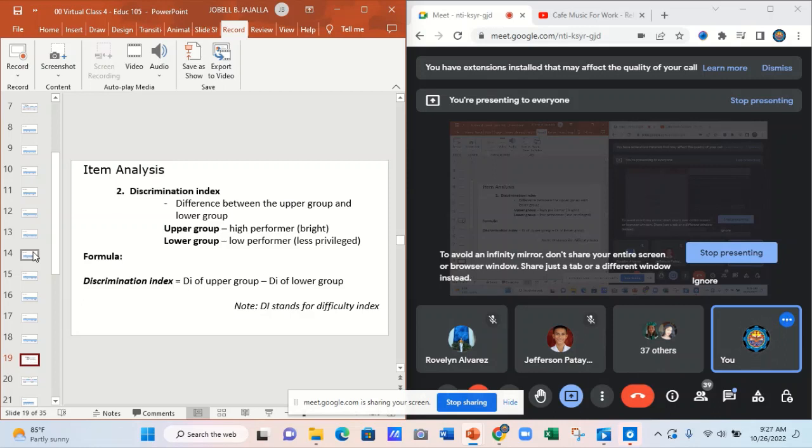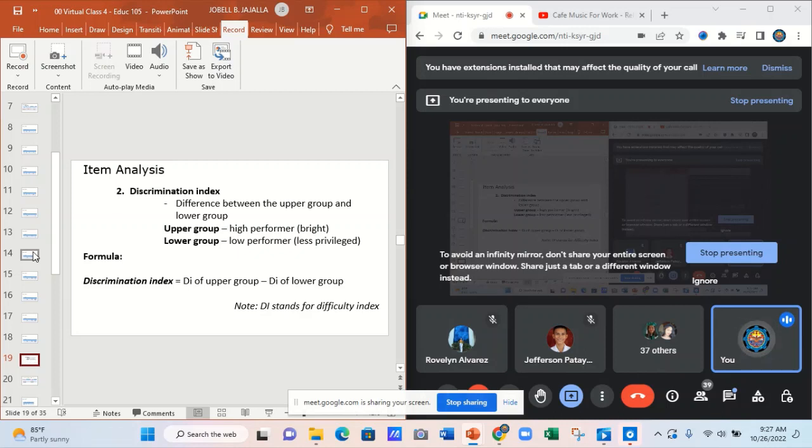All right. Now, remember, class, the assumption for the upper group is that they are the only ones with the right to answer the item correctly. Given that we have an item to answer, between the upper group and the lower group, only the upper group should have the right to get the item correct. So if the upper group gets that item wrong, it is not acceptable, because that is the assumption for the upper group members. It is unacceptable, even disgraceful, if they get an item wrong, because again, he or she belongs to the upper group.